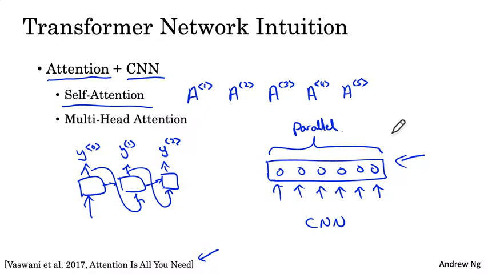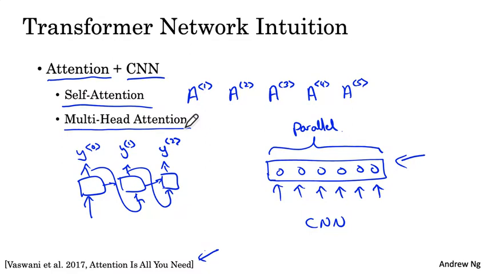And this will be an attention-based way of computing representations for all the words in your sentence in parallel. Then multi-headed attention is basically a for loop over the self-attention process. So you end up with multiple versions of these representations.